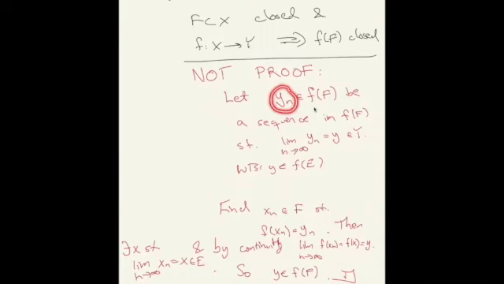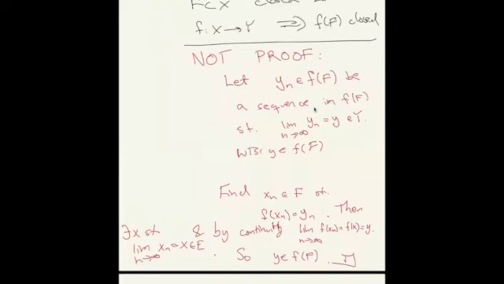We want to show that the image is closed, so let's take a sequence yn in f(E), that converges to some point y in F. We want to show that y is still in the image of f. Okay, so then we find a sequence xn in E so that f of xn is equal to yn. Well, this is possible because it's the image set.